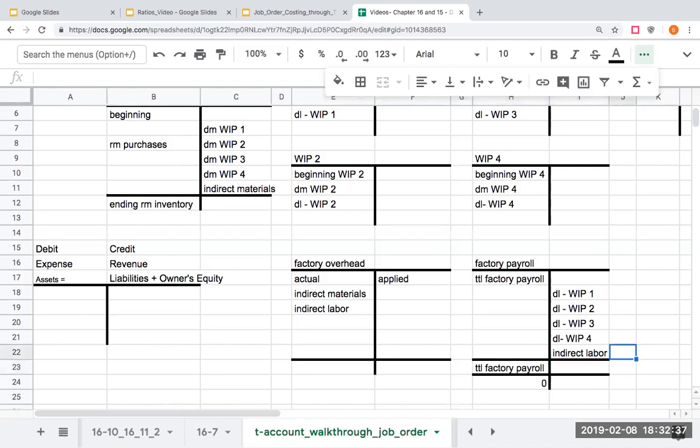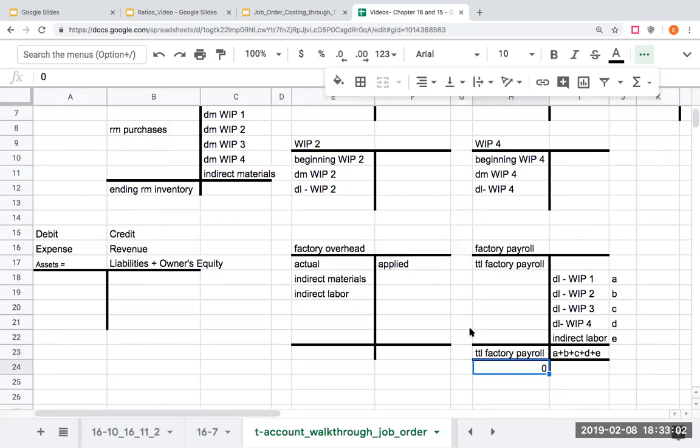And then over here, if I call this A, B, C, D, E, sum of A through E. Let's call this A plus B plus C plus D plus E. So this right here is going to give me 0. Factory payroll and factory overhead have to be 0.